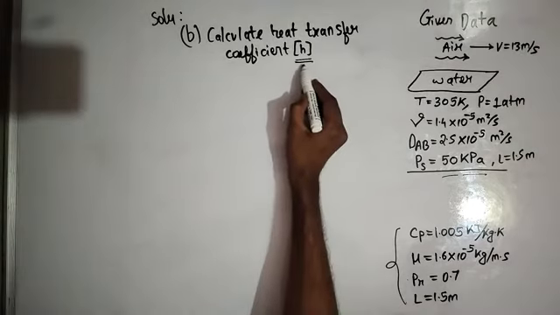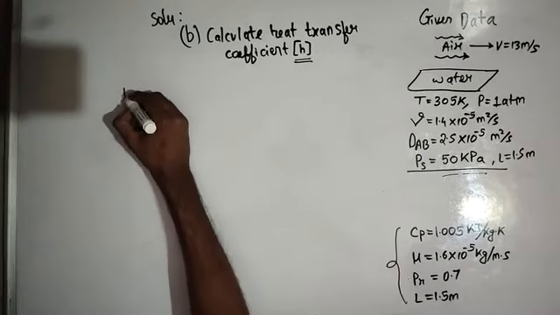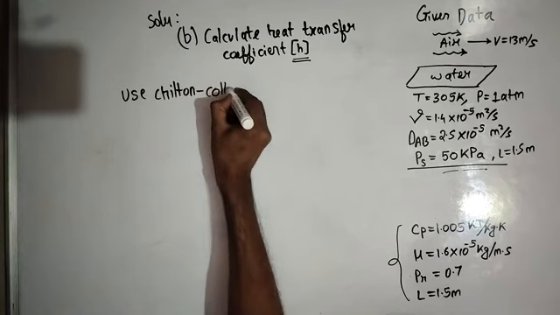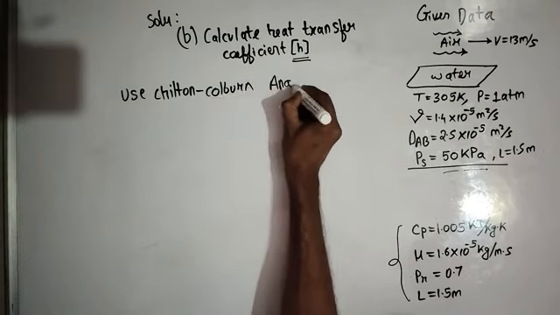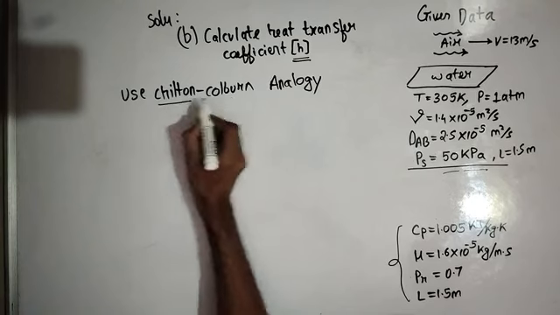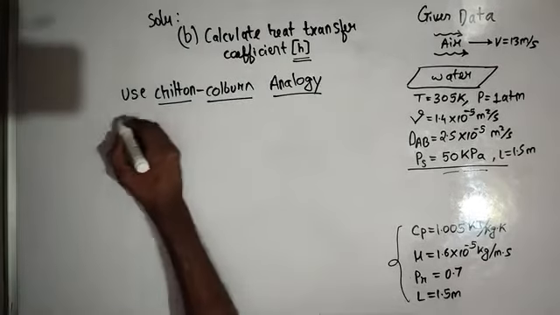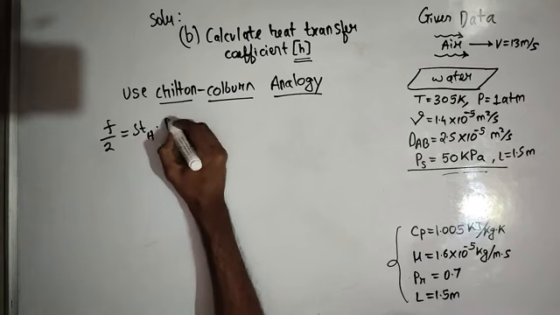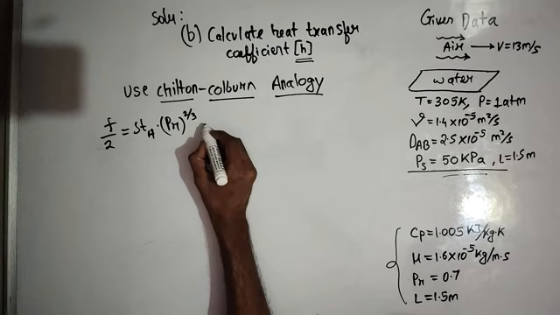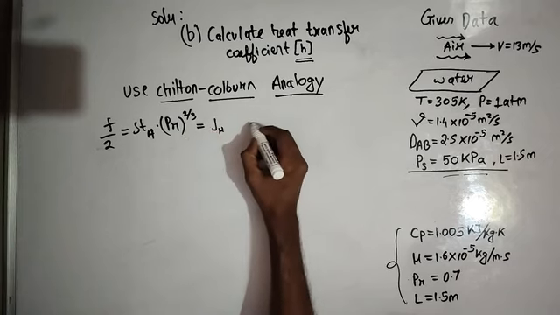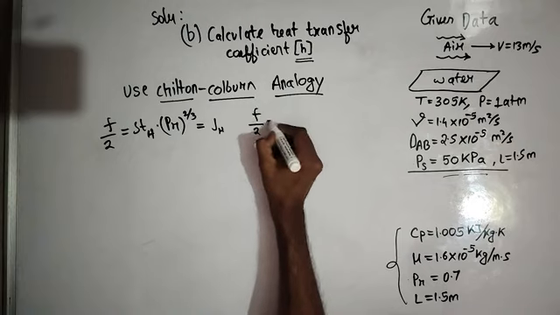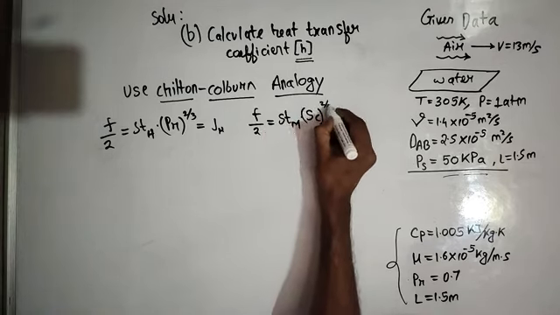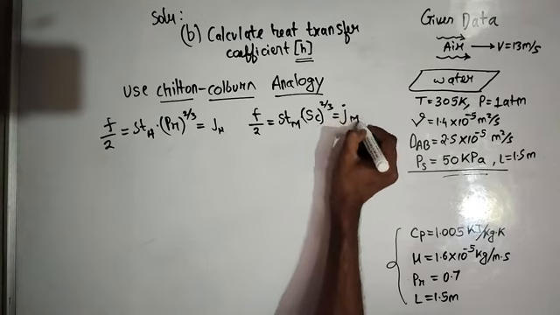To calculate the heat transfer coefficient, we have to use the Chilton-Colburn analogy, which gives us two equations: f by 2 equals the Stanton number for heat transfer into Prandtl number to the power of 2 by 3, which is the j factor of heat transfer, and f by 2 equals the Stanton number for mass transfer into Schmidt number to the power 2 by 3, which is the j factor for mass transfer.